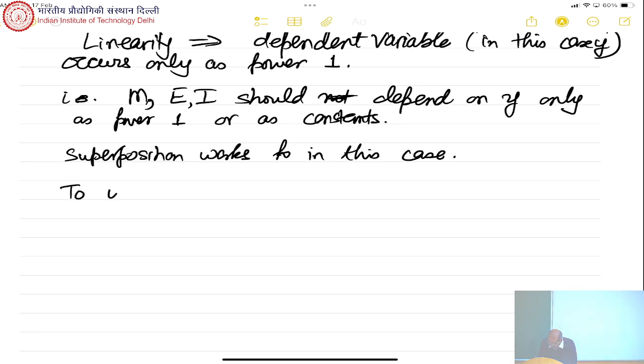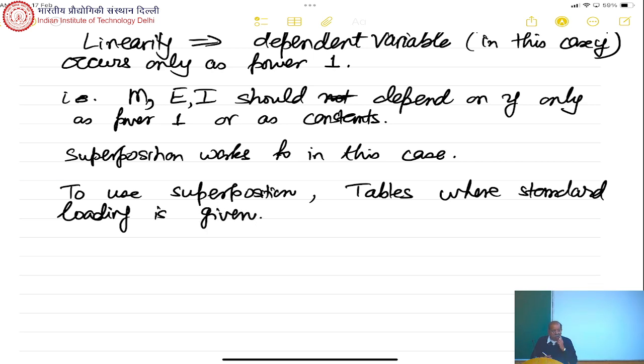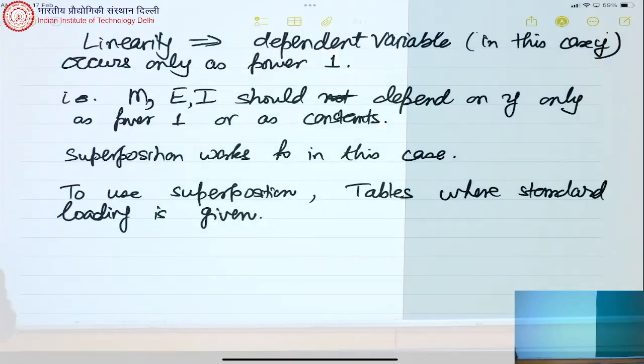Now to use superposition, we use tables where standard loading and the deflection are given.